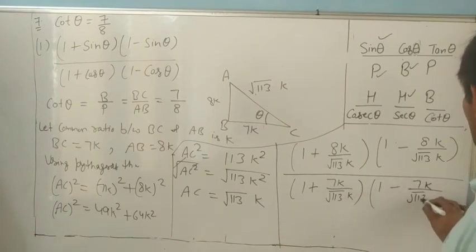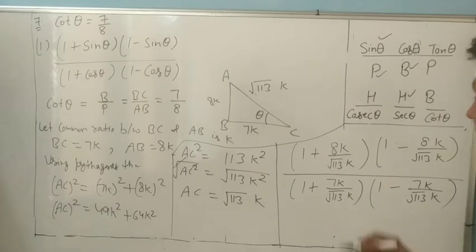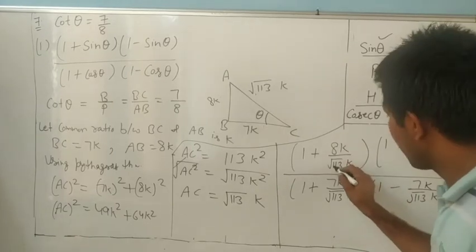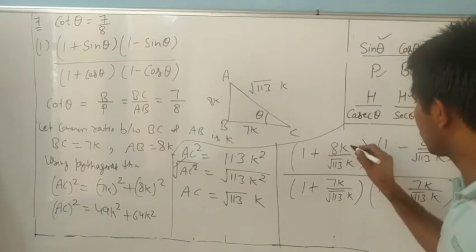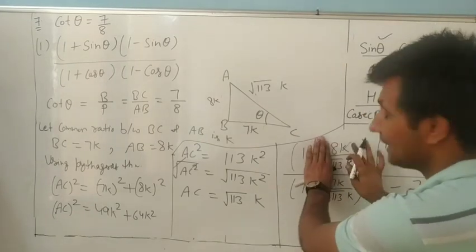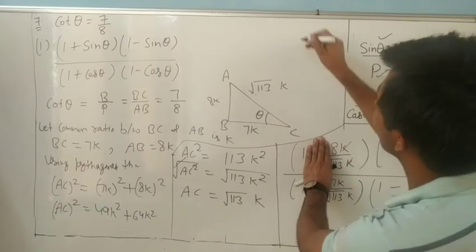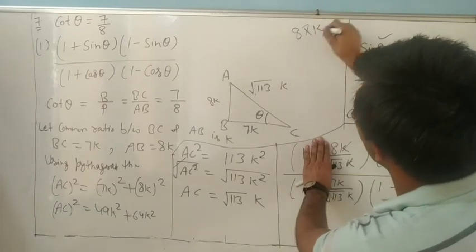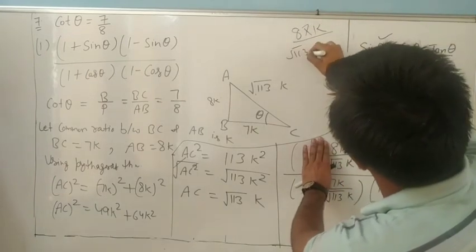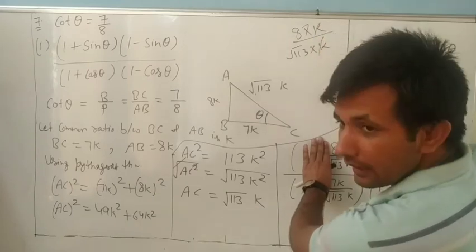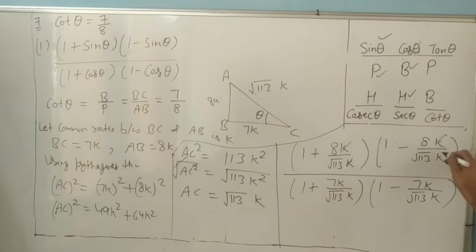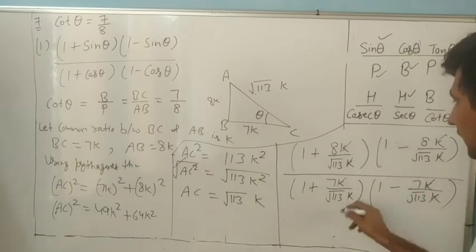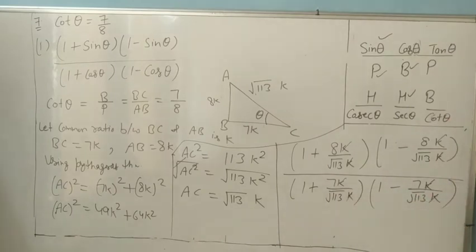Now please look, 8 into K and root 113 into K. So K cancels K because they are in multiplication, or not. Can we cut or not, Azad? 8 into K divided by root 113 into K, K cancels K. Like this, K cancels K, K cancels K, K cancels K. Okay dear, so what has it become?